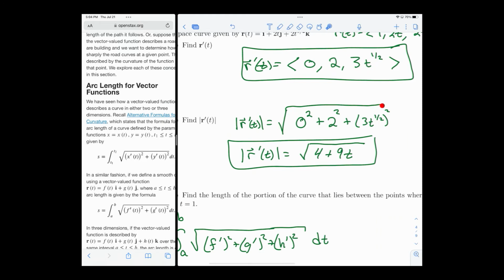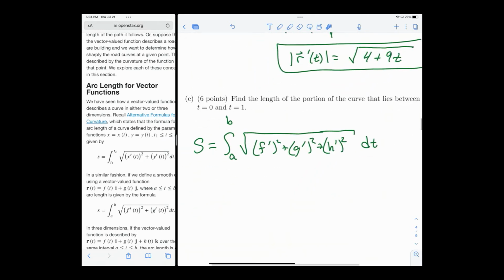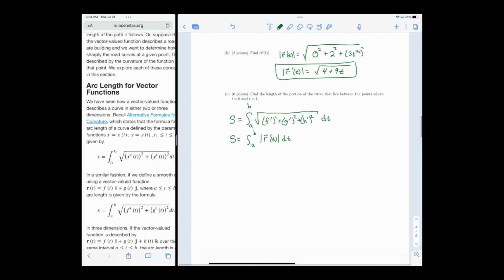This is the square root. So like the magnitude of r prime here is this formula. So like the arc length S is equal to an integral from a to b of the magnitude of r prime dt, like that. That's why I had you calculate those ahead of time.